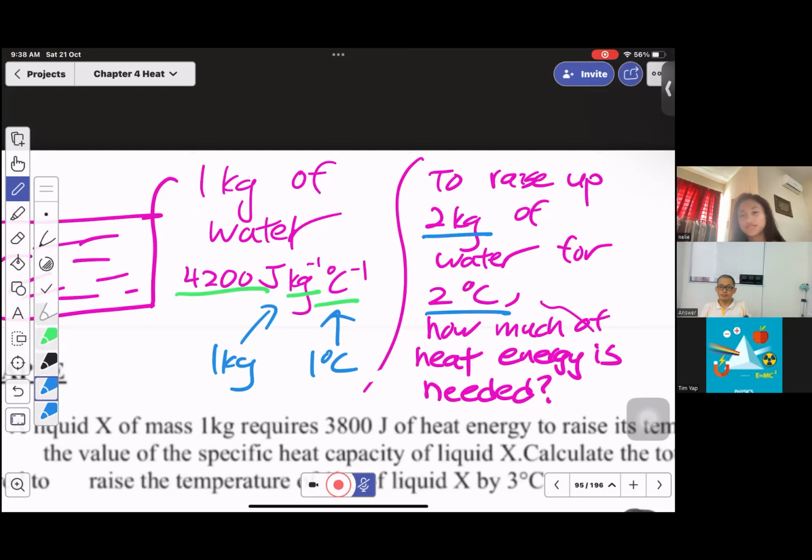So now it's for 2 kg and 2 degrees Celsius.